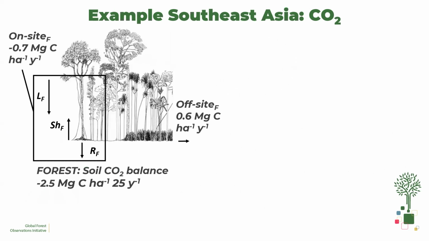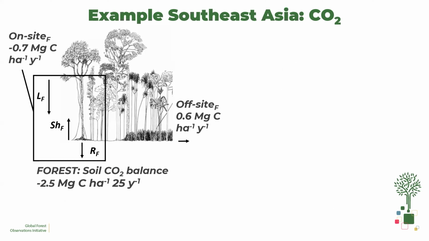I'm providing here an example of peat CO2 emission factors in tropical settings. On the left side, you can see an undisturbed forest. So I have used some defaults from the literature reviews.